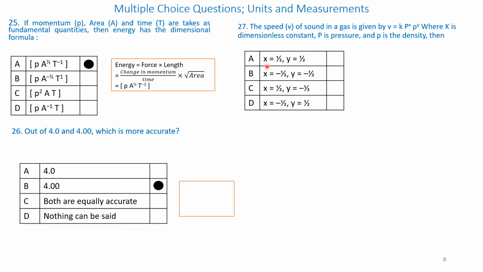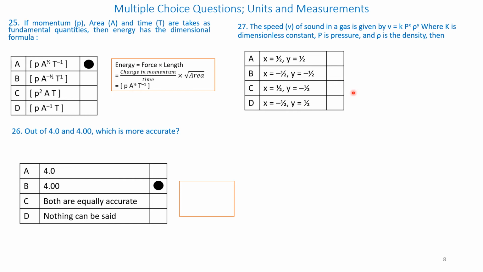Option A is x equal to half, y equal to half. Option B is x equal to minus half, y equal to minus half. Option C is x equal to half and y equal to minus half. Option D is x equal to minus half, y equal to half.